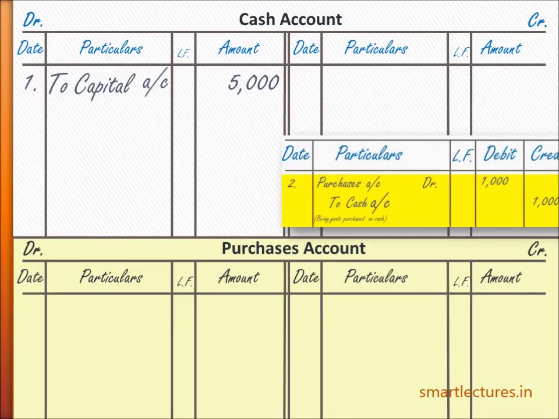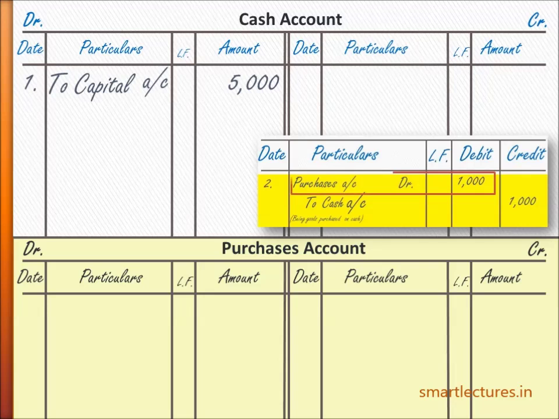On the debit side, please write rupees 1,000, and in the date column 2, and in the narration 'To cash account', because when purchases account was debited by rupees 1,000, the opposite account in the journal entry was cash. So you will have to write down 'To cash account'.